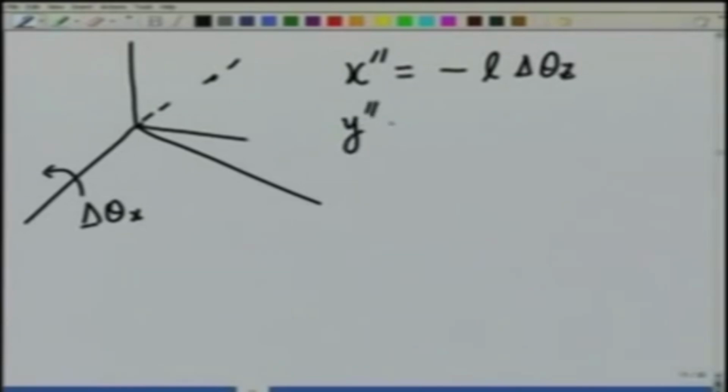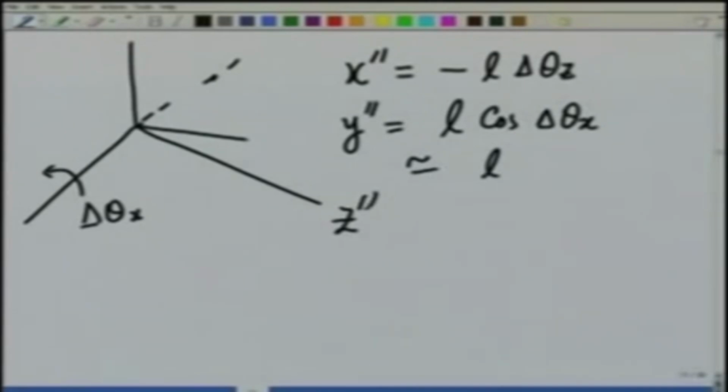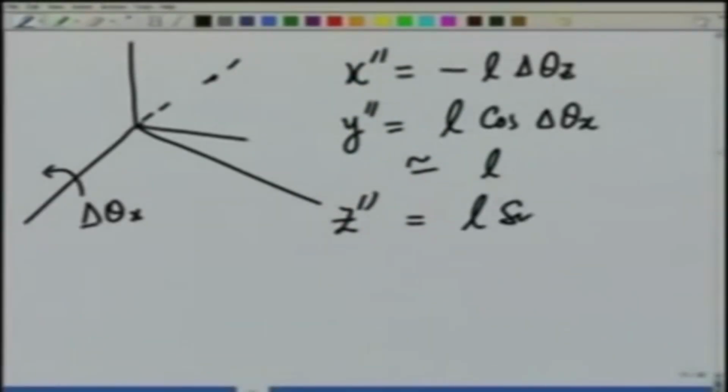Y double prime would remain L cosine of delta theta x, which is roughly equal to L, and z double prime, now it is moving up, the L length is moving up, and therefore is going to be equal to L sine of delta theta x, because now this will be moving up like this in the y z plane, and this will be equal to roughly L delta theta x.